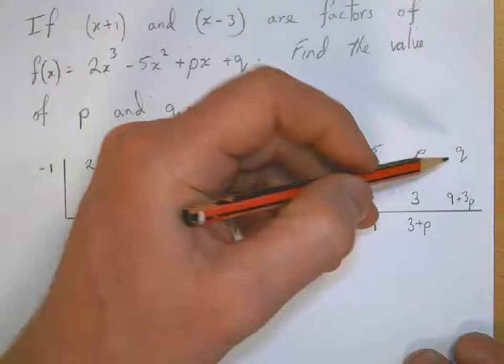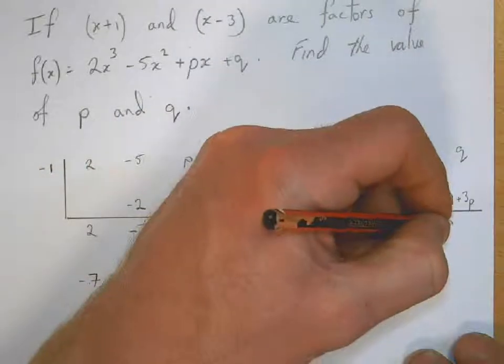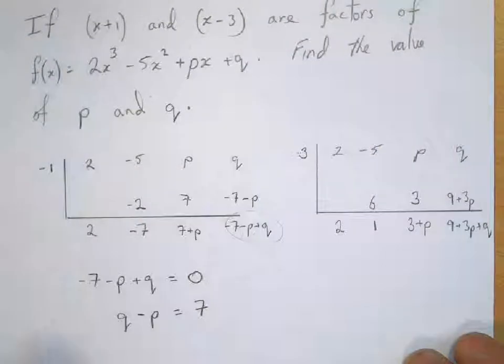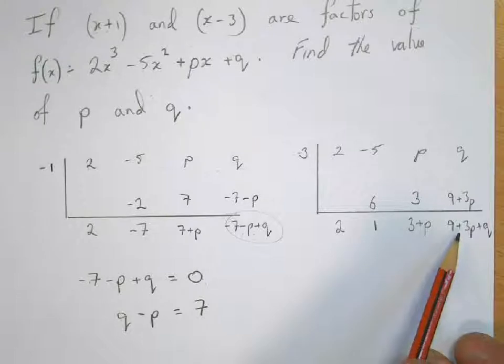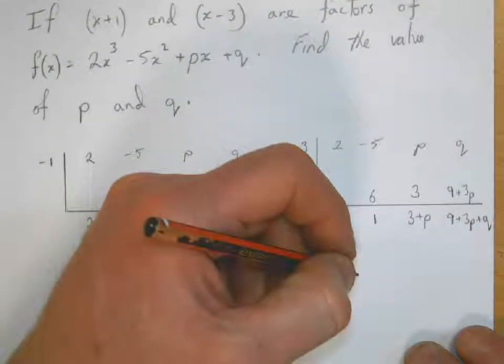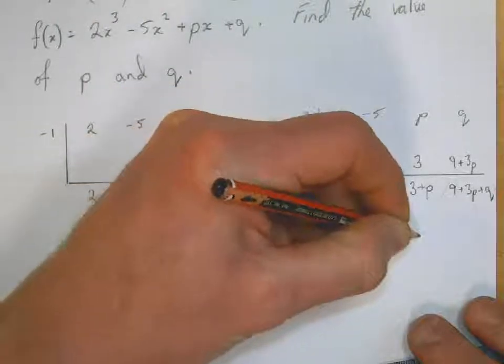And then lastly, we add the last two expressions together: 9 plus 3P plus Q. And again, if x minus 3 is a factor, that means this bit here must be equal to 0. So we can write down that 9 plus 3P plus Q has got to equal 0.